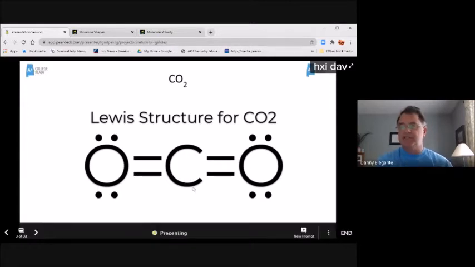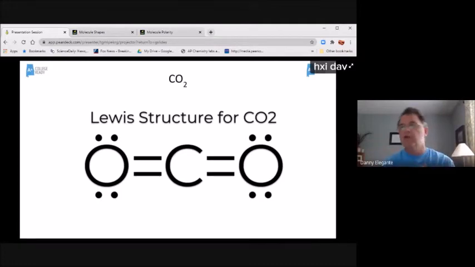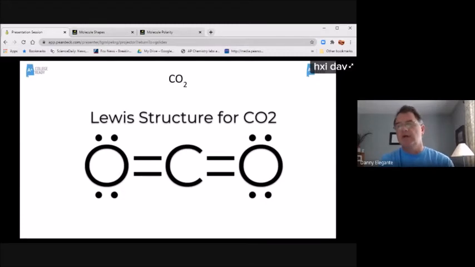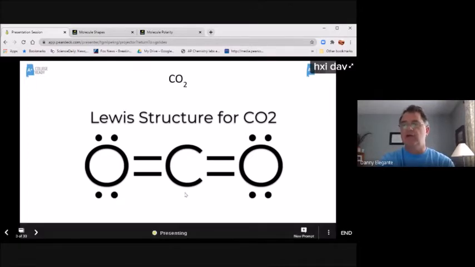If you're still on my screen and not necessarily the Pear Deck screen, you've got to kind of go back and forth. Right now, if you're paying attention to my screen, oxygen is more electronegative than carbon. We know that because oxygen is to the right of carbon on the second row, and anything to the right has more electronegativity. So the electrons are being drawn from the carbon towards the oxygen.